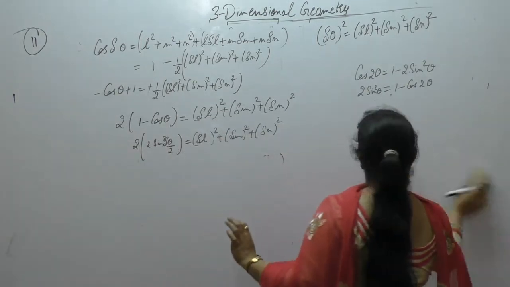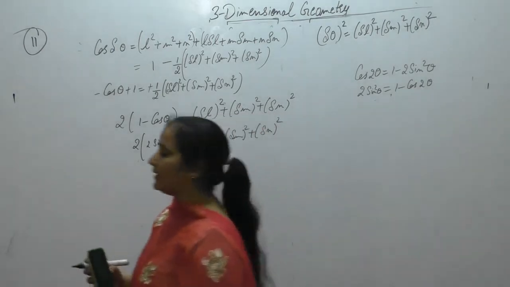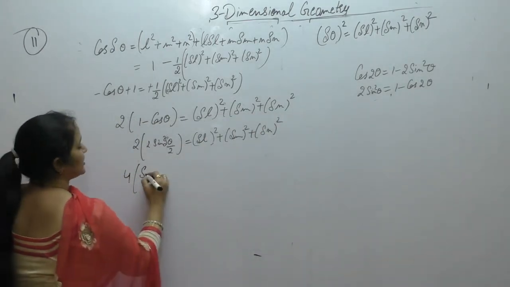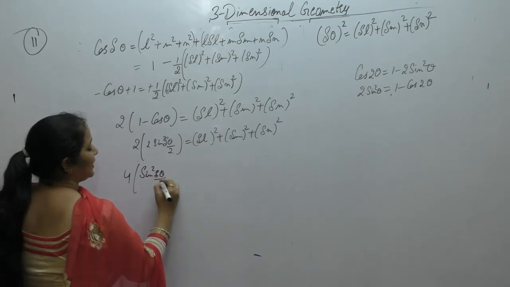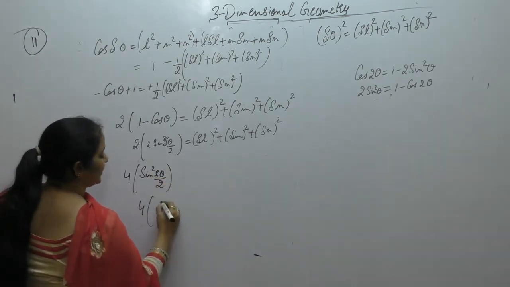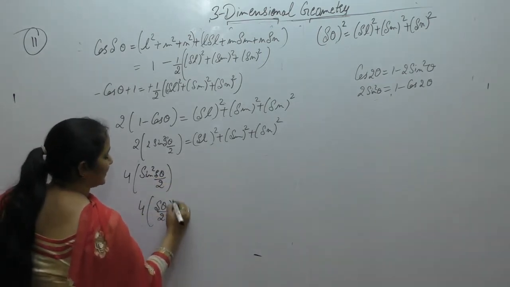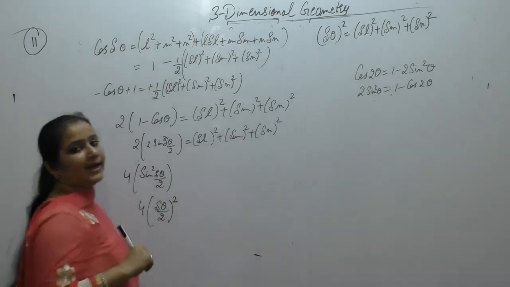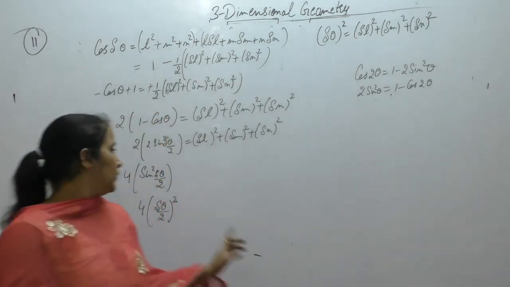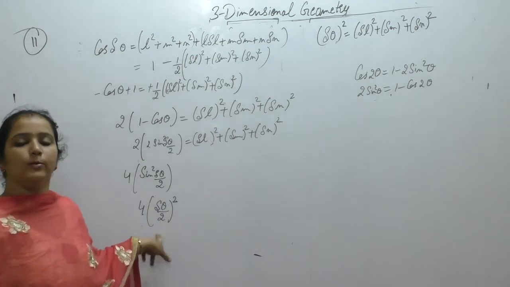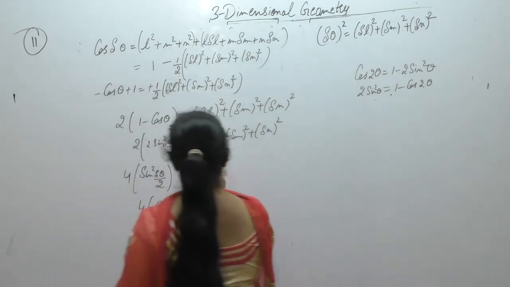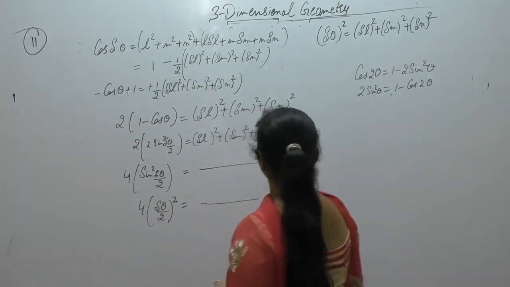Since the angle delta theta is very small, instead of sin squared delta theta by 2 we write delta theta by 2 squared. Instead of sin delta theta by 2, we write delta theta by 2 because this angle is very small. The right hand side remains the same.